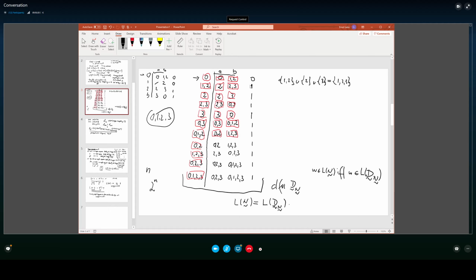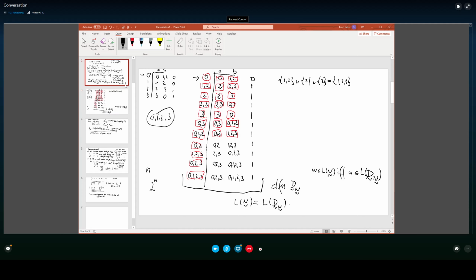This is an accepting state. So if we have 1, then it is rejecting, but 2 is accepting. And since all we need is at least one final state in this set, this new state in the DFA is accepting.